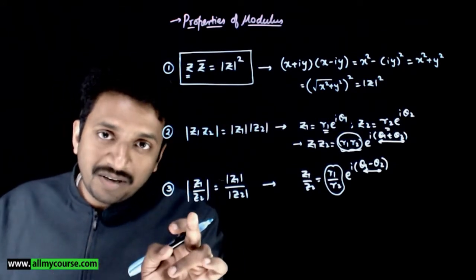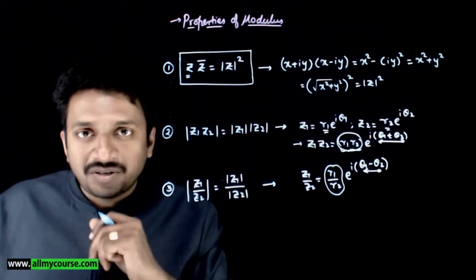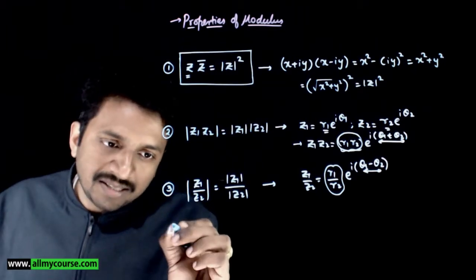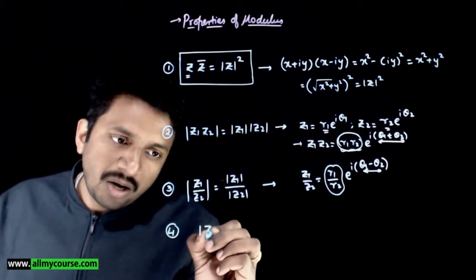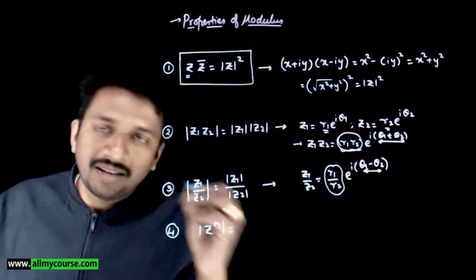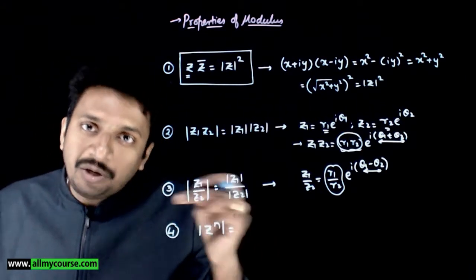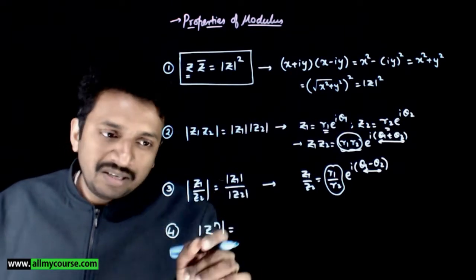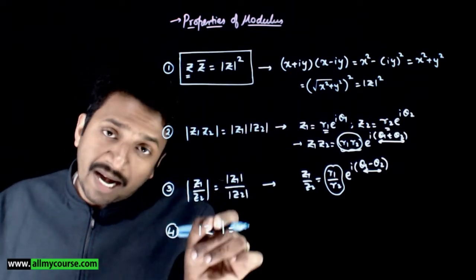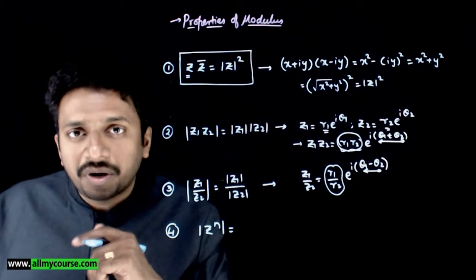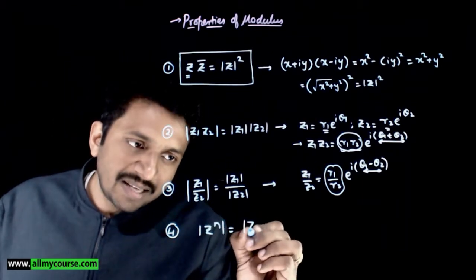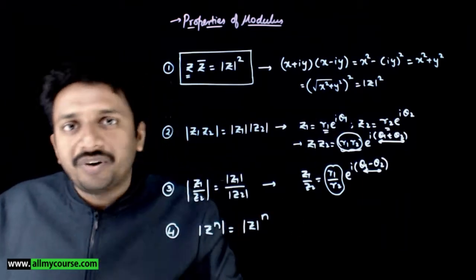So mod of z1 by z2 is mod z1 by mod z2. And a similar property is mod of z power n is equal to. If you raise z to something like the power 100 and take the mod, this will be exactly the same as mod z whole power n.